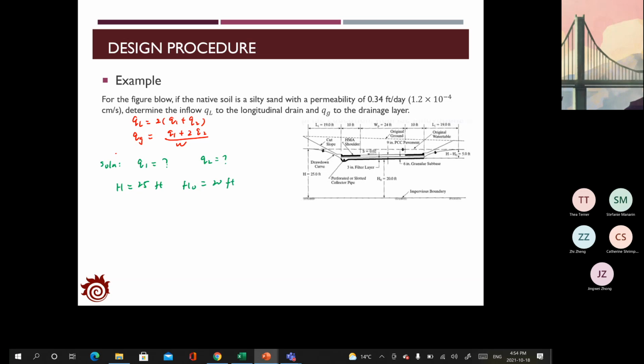And then we will need these two values to find out the variable Li. Is anyone able to tell me how we can calculate the Li? Any ideas about it? We actually mentioned the formulas previously.